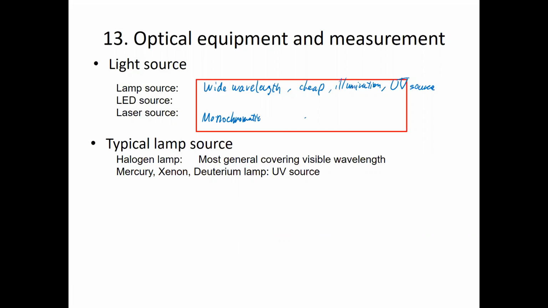Also the difference from lamp and laser, you see the laser propagate without diverging, right? So which is called a collimation. So just the laser can go straight.